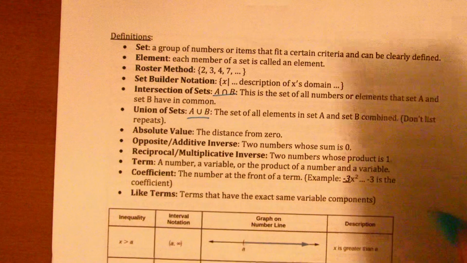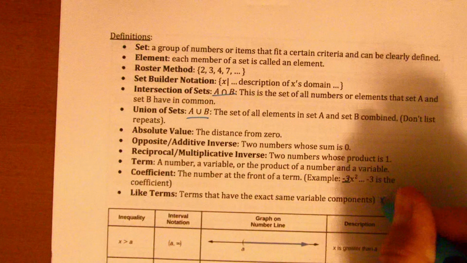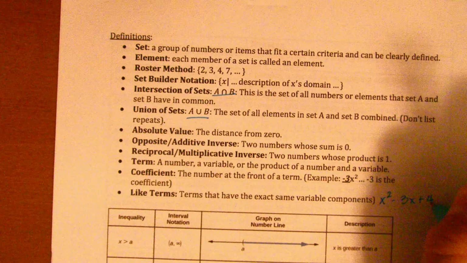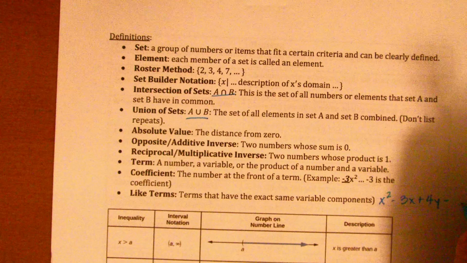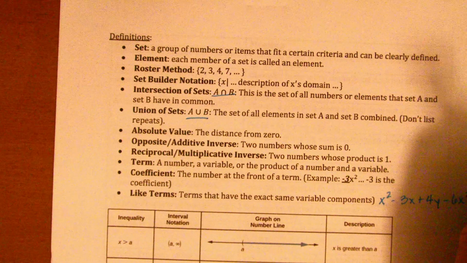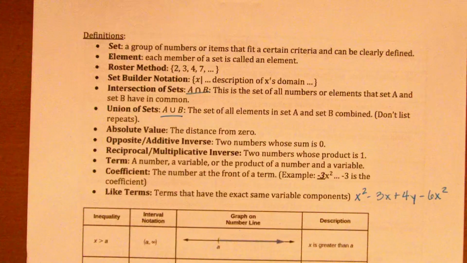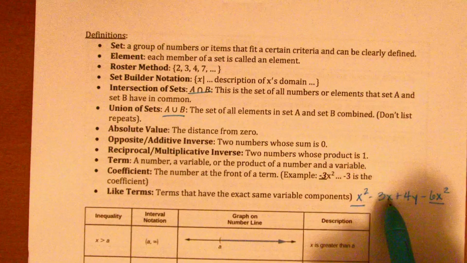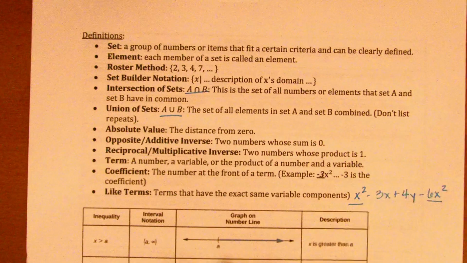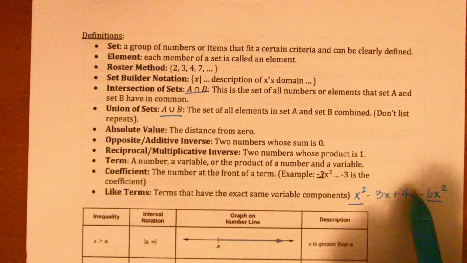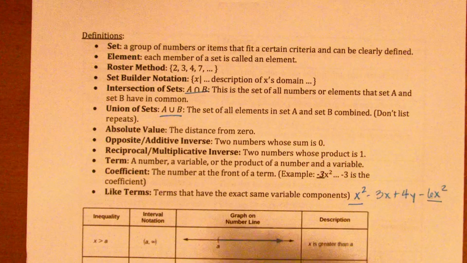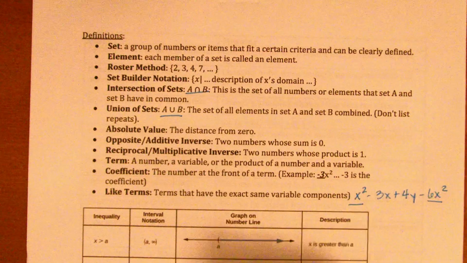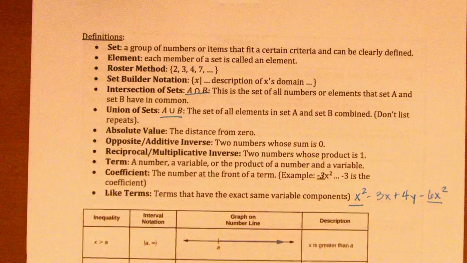So for example, if I have x squared minus 3x plus 4y minus 6x squared, the only like terms here are the x squareds. Even though this term has an x, they don't have the same exponent. Even though these two have the same exponent, 1, they don't have the same variable. These two are the only like terms that could be combined.